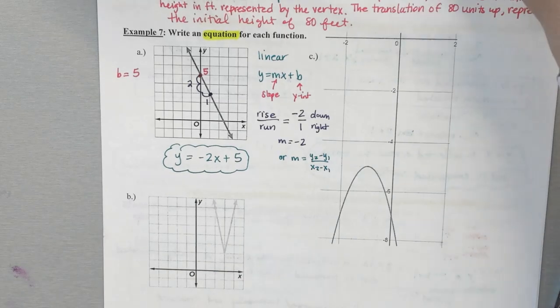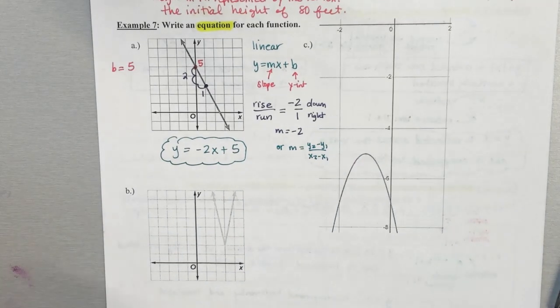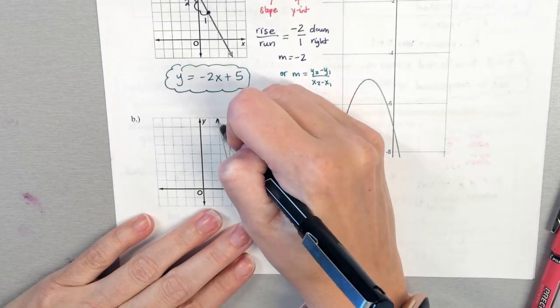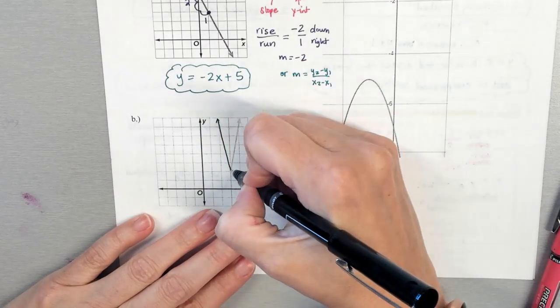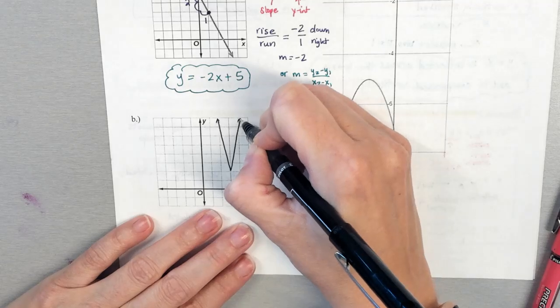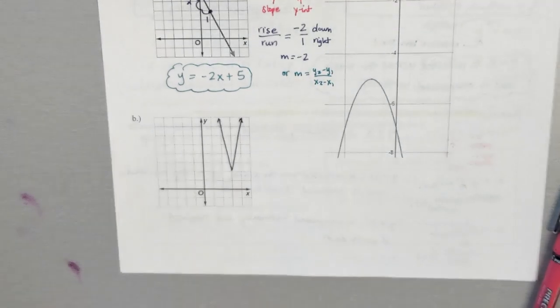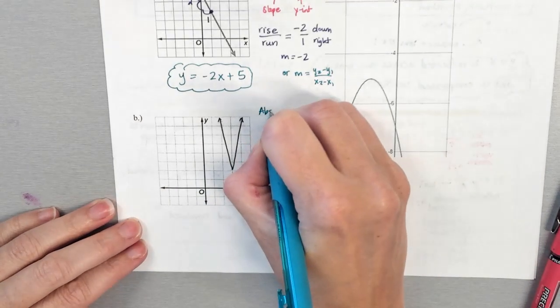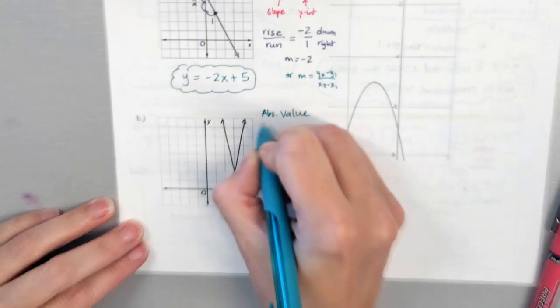All right, for B, sorry that prints so nicely. You have a V-shaped graph, which means it's what? Absolute value. Just going to make that a little bit more visible. And yesterday we talked about the absolute value standard equation.